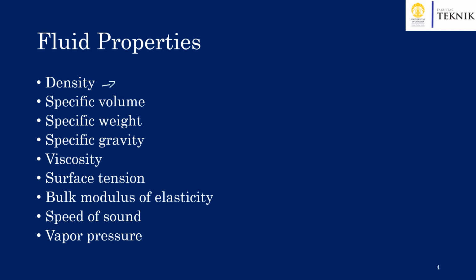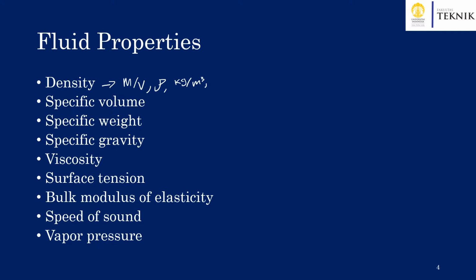Density represents the ratio between mass and volume. In Greek letter, normally we write it as rho. Density normally characterizes the mass of a fluid system. In the International System of Units, density has units of kilogram per cubic meter.